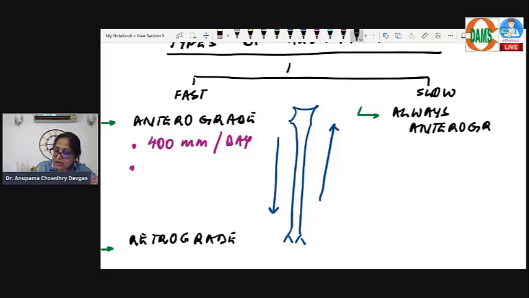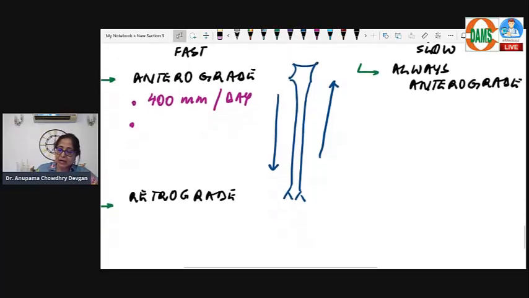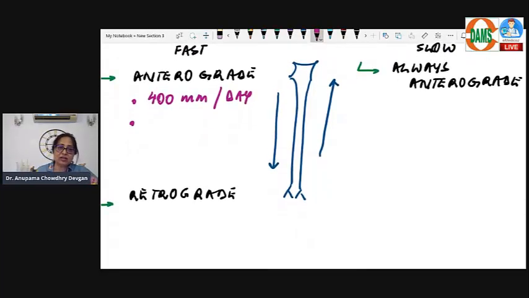So in other words, anterograde can be fast or slow. Retrograde is always fast. Have you understood? So this is a slightly better way to classify fast and slow. Fast is anterograde or retrograde, and slow is always anterograde. Now, as far as the fast anterograde transport is concerned, this is 400 millimeters per day.